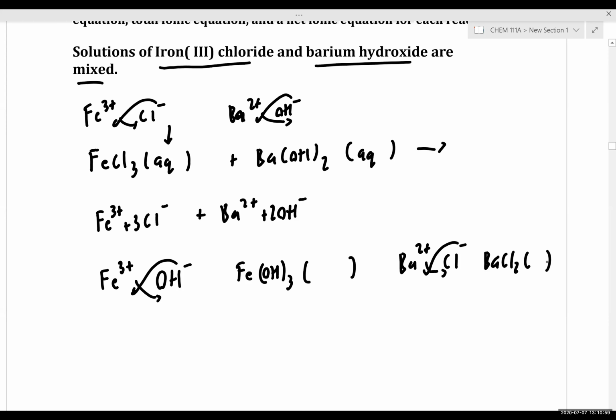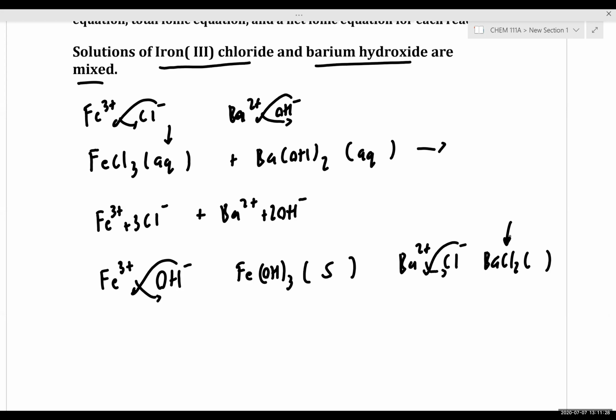So what state symbol do we put for iron 3 hydroxide? Is iron 3 hydroxide soluble or insoluble? And I see in the chat the solid symbol. That's exactly right. Iron 3 hydroxide is insoluble. Barium chloride, it's not a very safe compound or solution to drink.